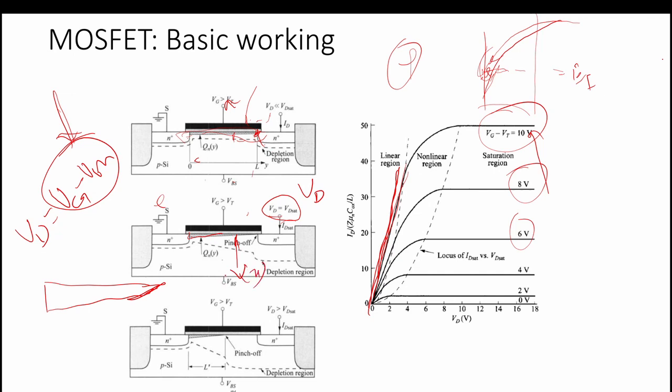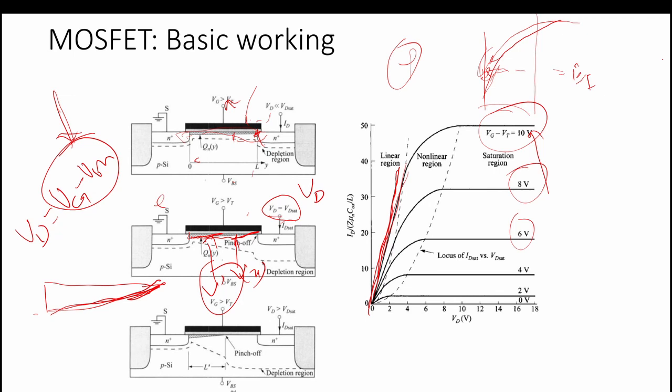The channel will be created according to the voltage difference at this point and Vt. As we assume a linear drop between source and drain, there is a linear dependence, so a triangular channel will be there.